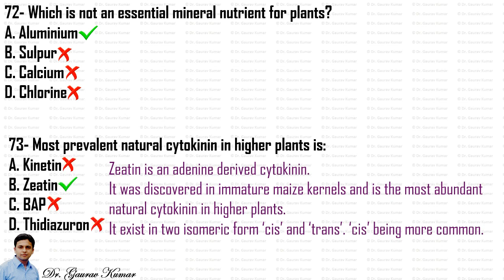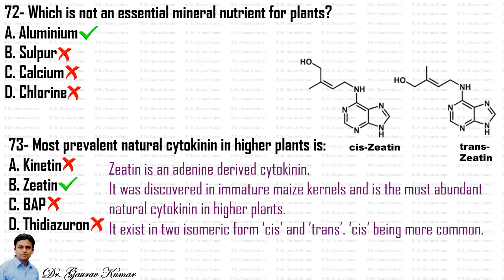It was discovered in immature maize kernels and is the most abundant natural cytokinin in higher plants, and it exists in two isomeric forms, cis and trans, of which cis is more common. You can differentiate how cis zeatin and trans zeatin look by seeing this figure. So the answer to our question is zeatin.